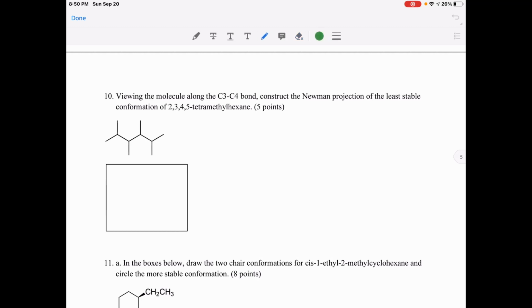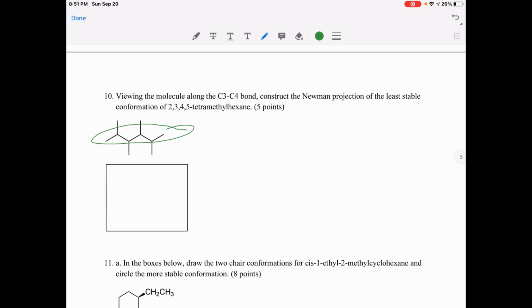We can choose this as our main path, or we can choose this, or this. It really doesn't matter, but for the sake of simplicity, I will just choose this as my main chain.